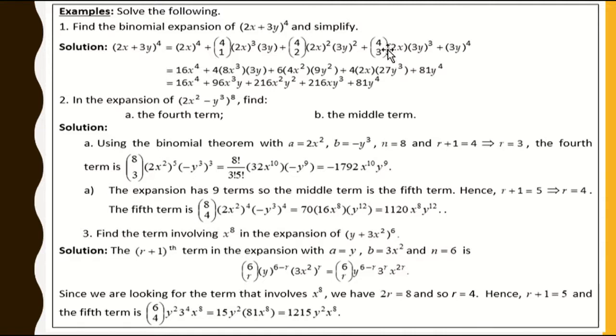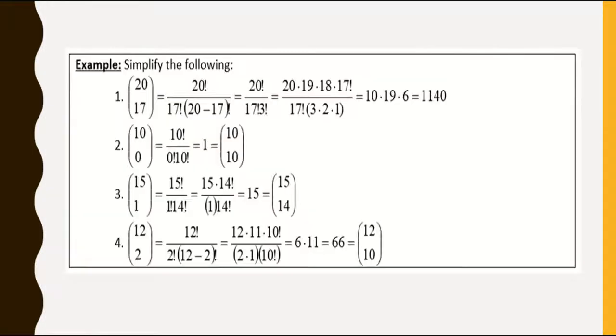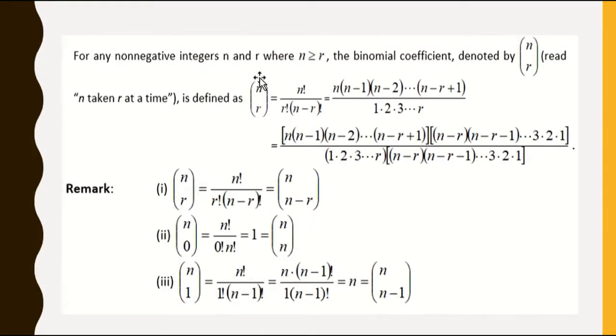So, what is left is 4, 4 over 1. So that is 4 here. Again, this is how we solved the binomial coefficient earlier, using this formula.